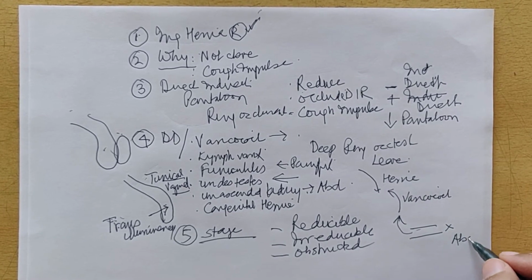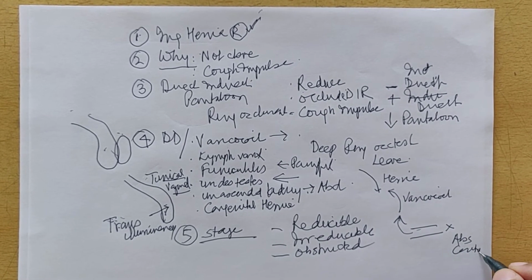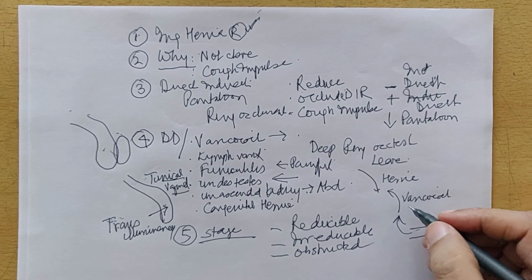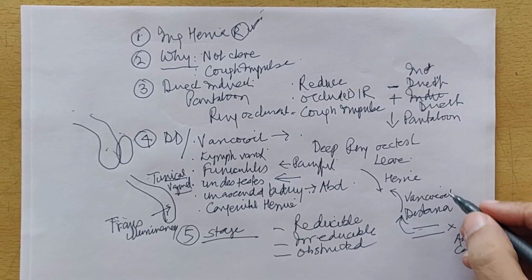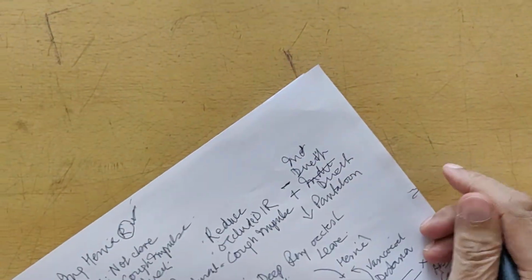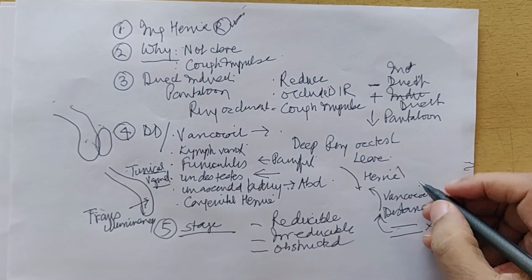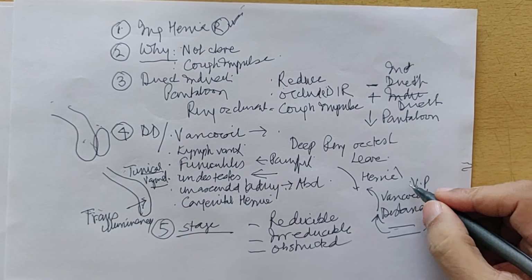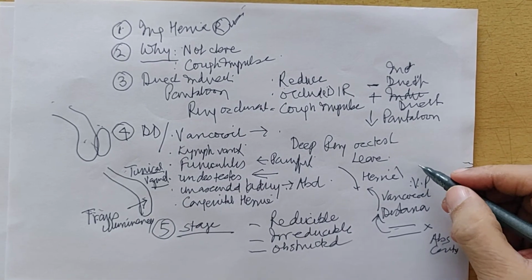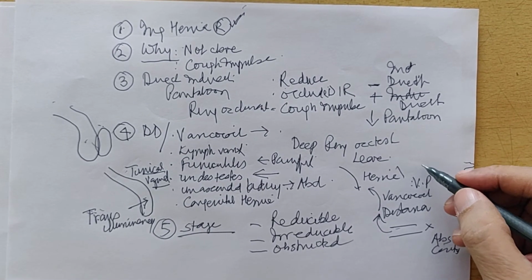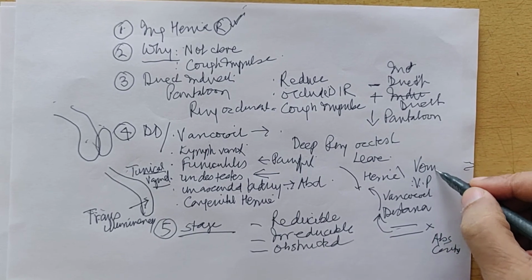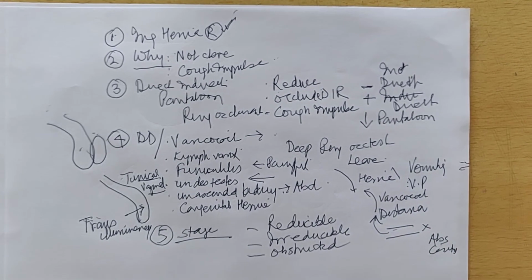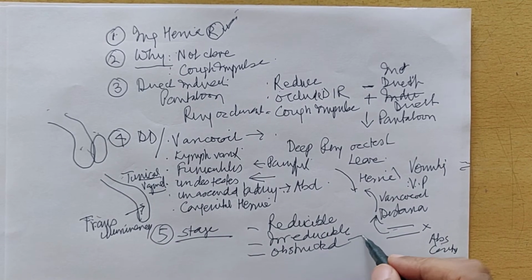So on this side there is absolute constipation, on this side you have distension, visible peristalsis, and then you can have backward pressure features like vomiting. So these are the features of obstruction. It's obstructed.